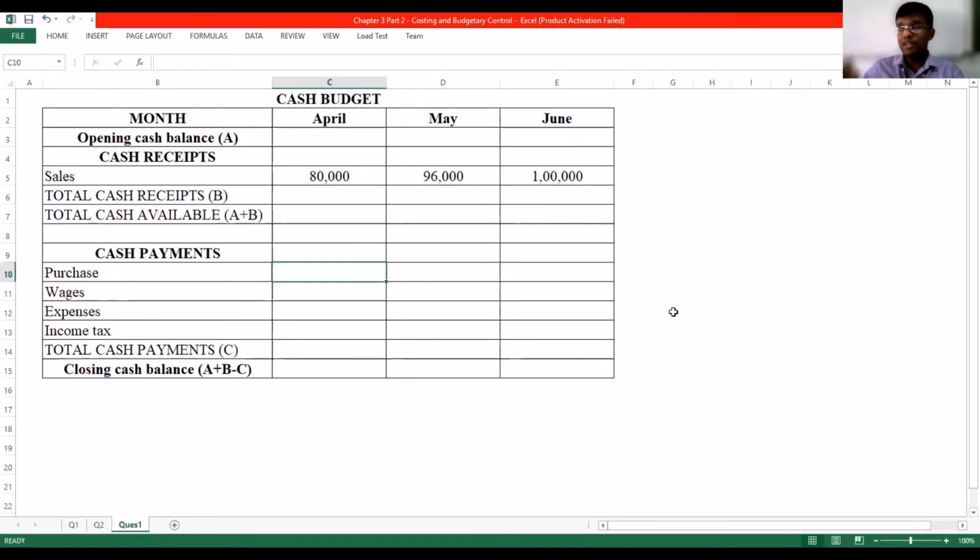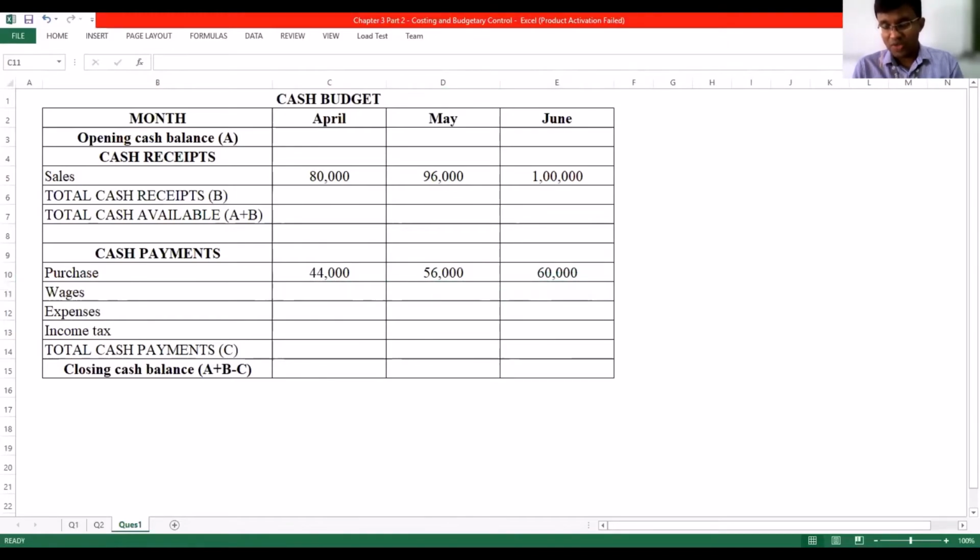How much is the purchase for February? It is 44,000. Then in May, you're settling the purchase for March, which is 56,000, and here it is 60,000, which is the payment for the month of April.